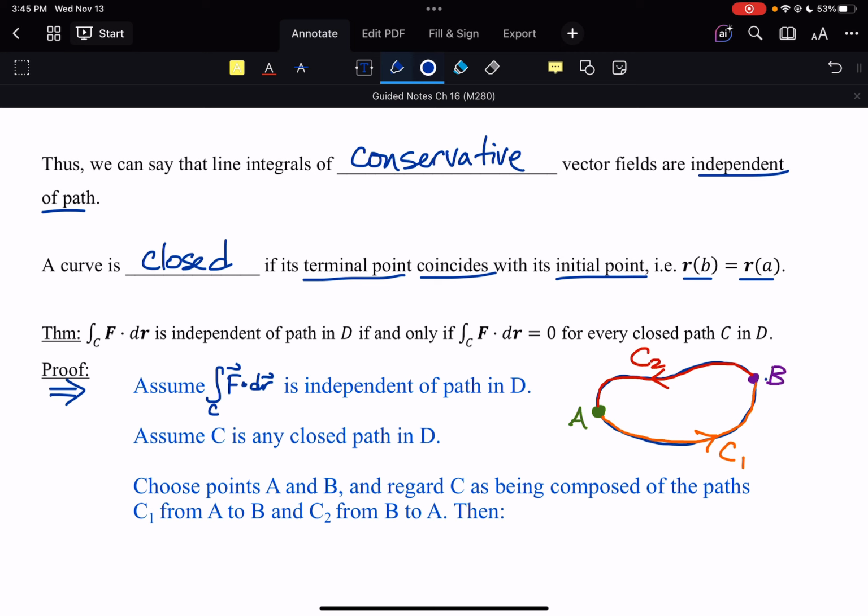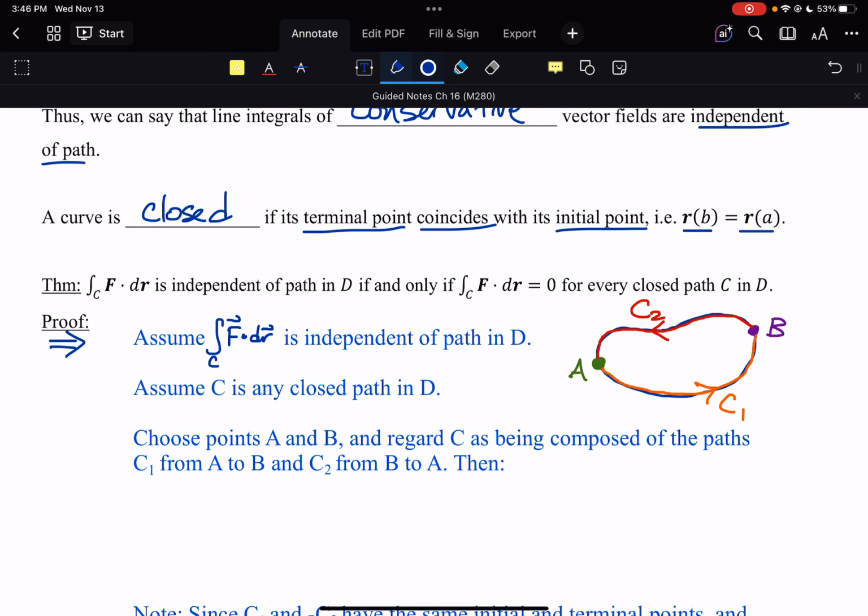We've just attached a couple points onto it and created two pieces of the curve, C1 and C2. If we do this, then the line integral over C of f dot dr can split up. We get the line integral over C1 plus the line integral over C2. Even if the curve is split into smaller pieces, we can still evaluate the line integral over those smaller pieces.